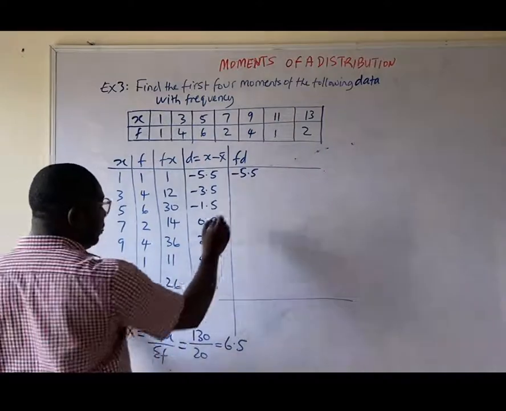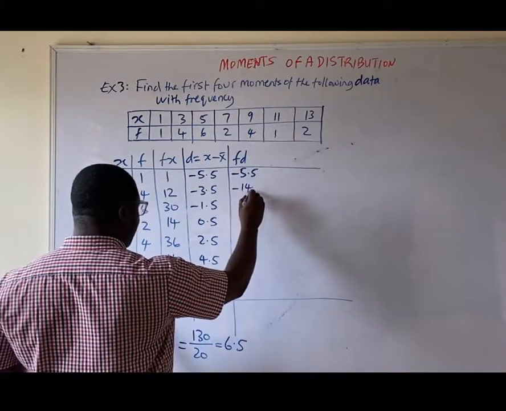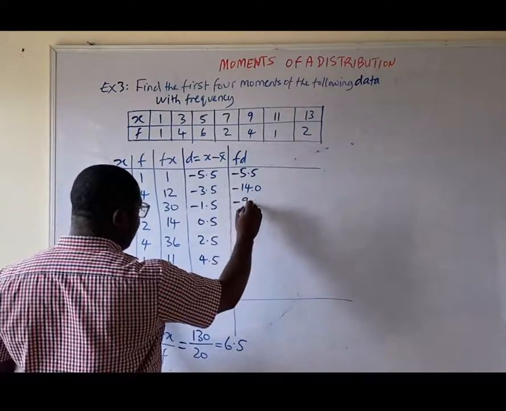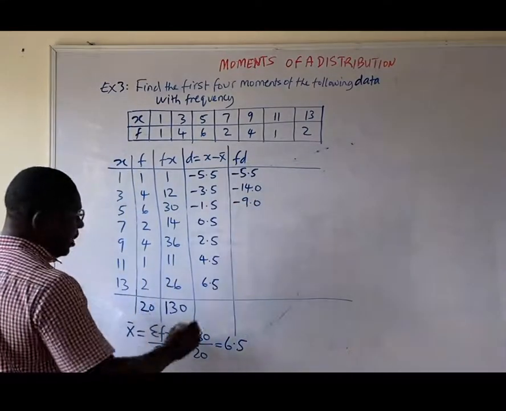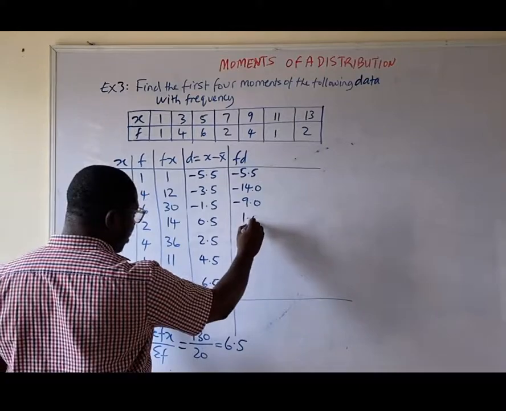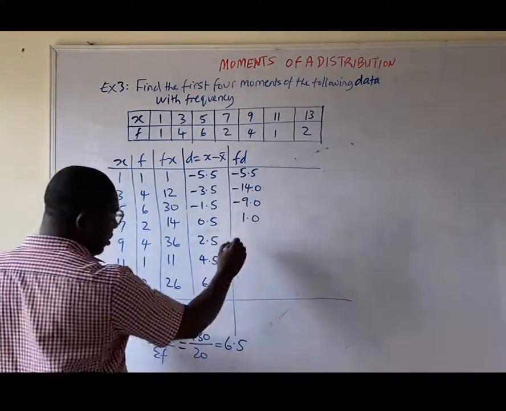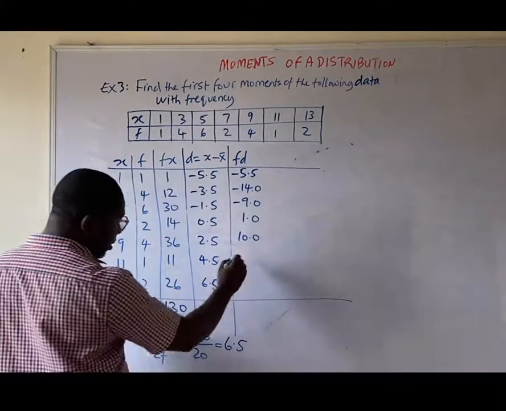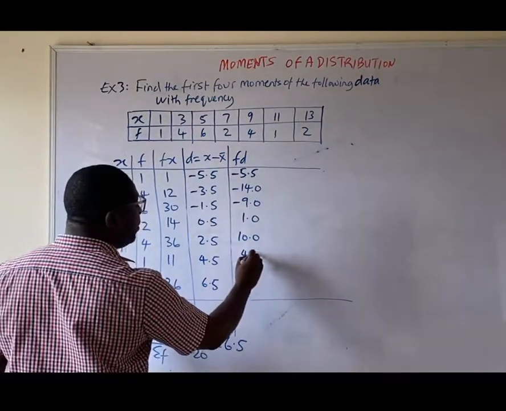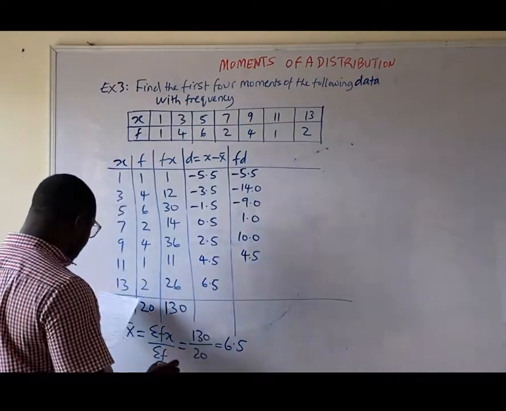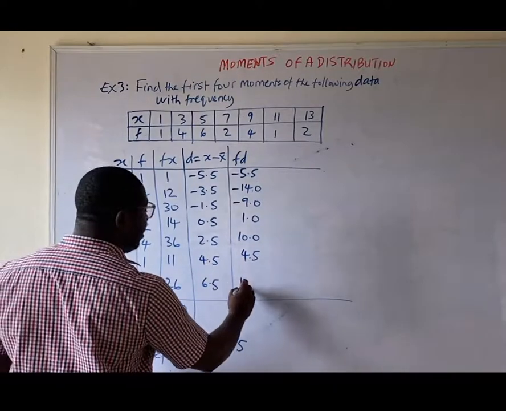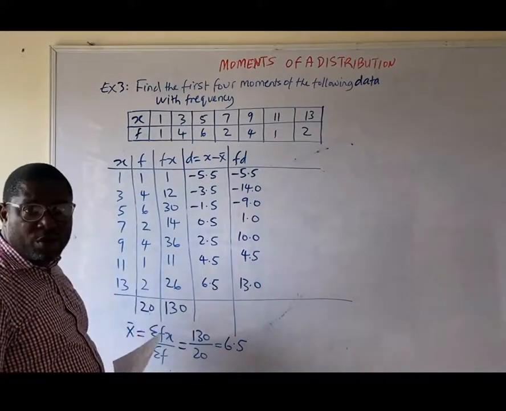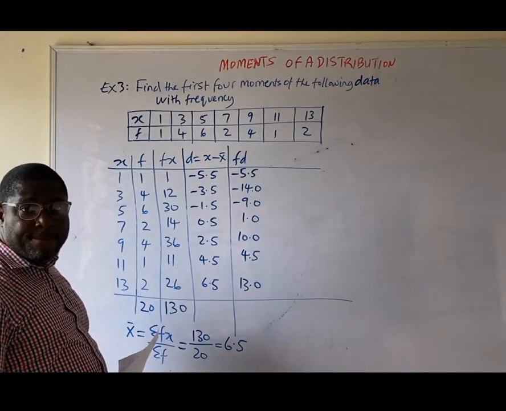The next one gives us minus 14.0. The next one gives us minus 9.0. The next one gives us 1.0. The next one gives us 10.0. The next one gives us 4.5. The next one gives us 13.0. I trust you're following me wherever you are.